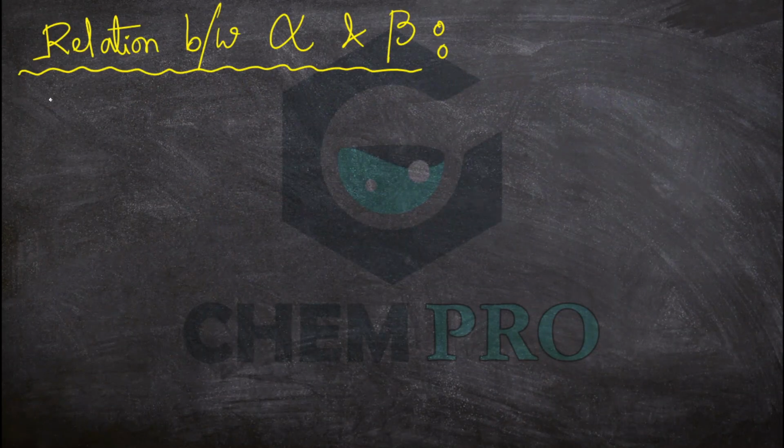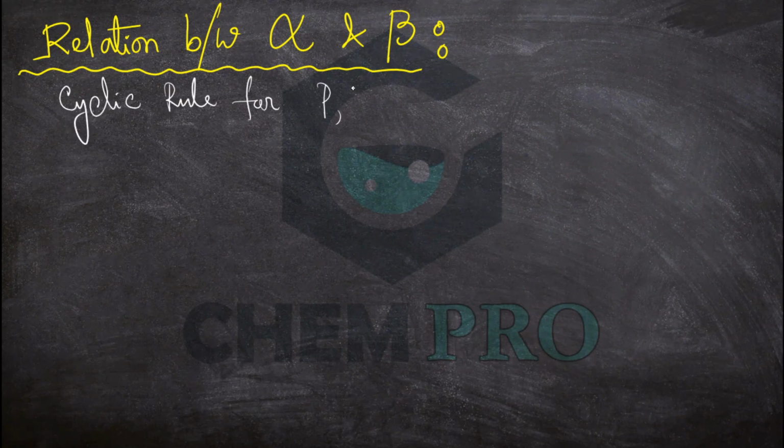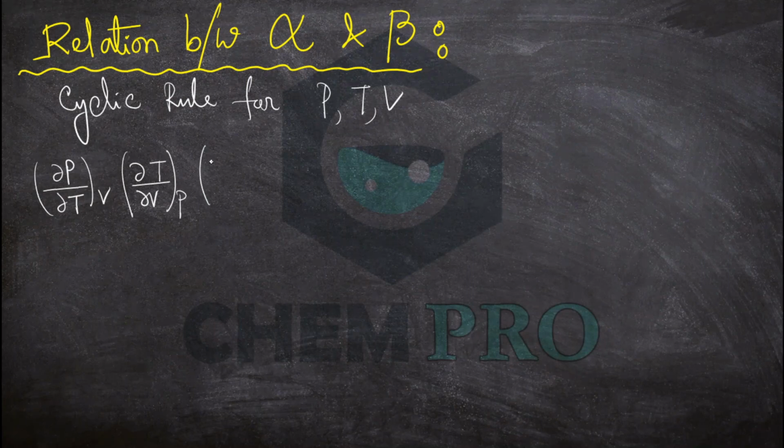Let's check the relation between alpha and beta. For that, we have to write the cyclic rule for pressure, temperature and volume. The cyclic rule is del P by del T at constant V into del T by del V at constant P into del V by del P at constant T equals -1.